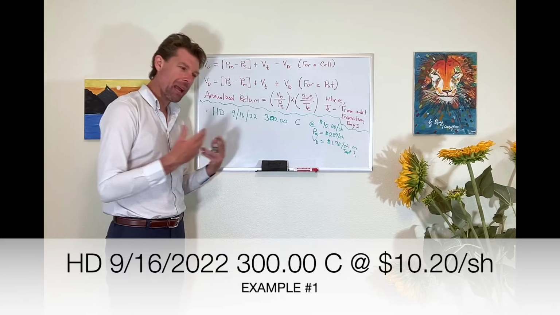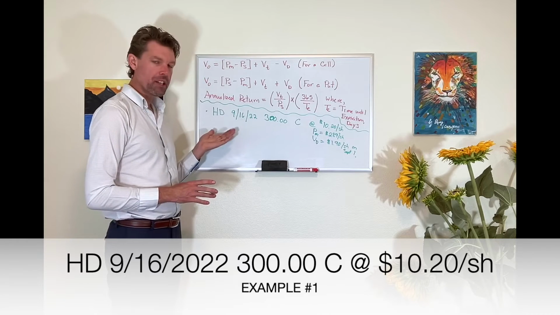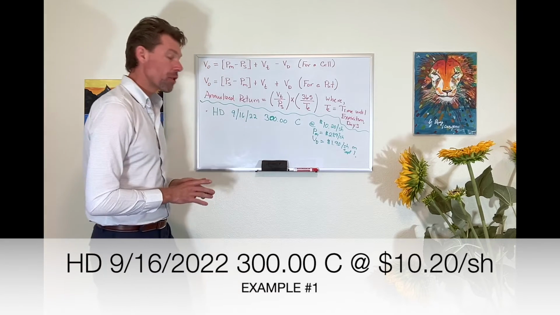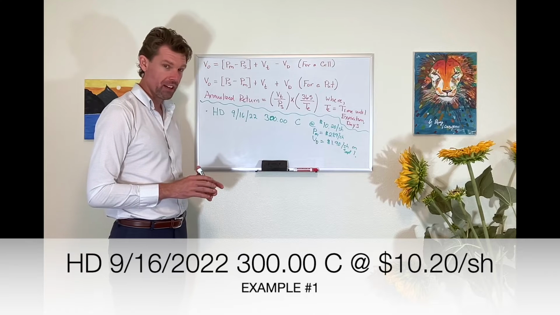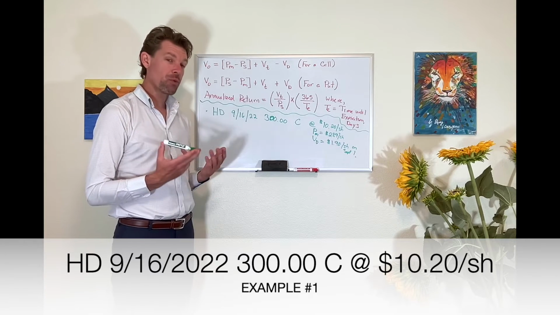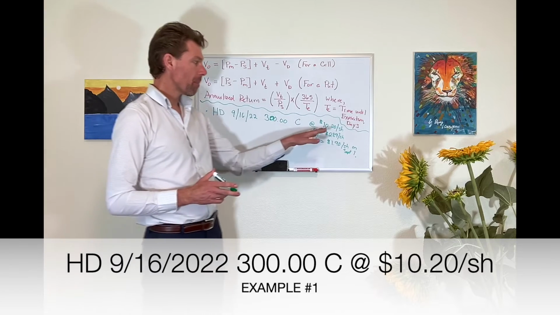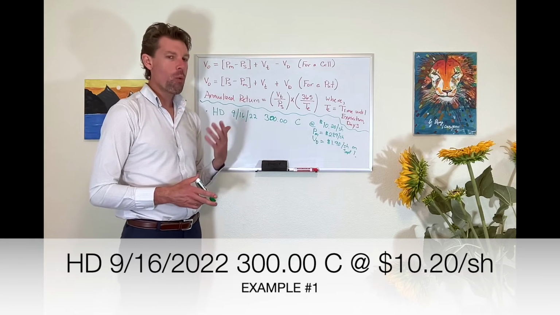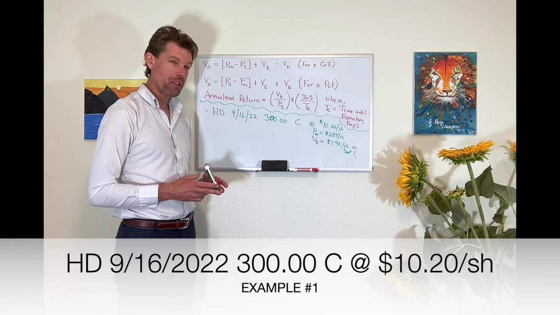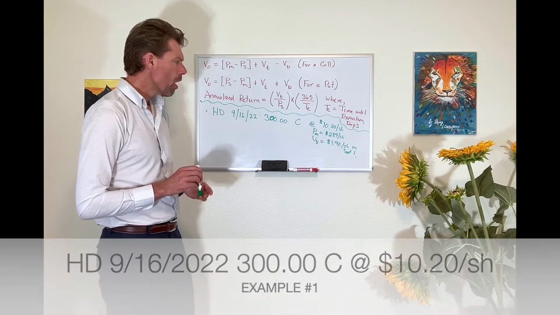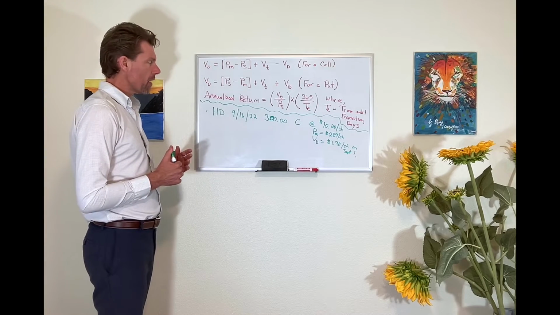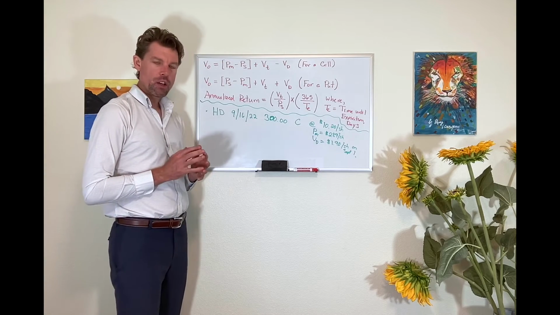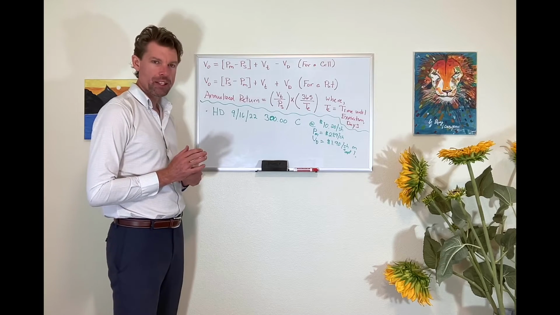And because of that time component, because every stock price is dynamic and changes every day, the value of this option is trading at $10.20 per share. Now, how many shares are in a contract? It's 100 shares. So to actually buy this option contract is $10.20 times 100 shares for a total of $1,020.